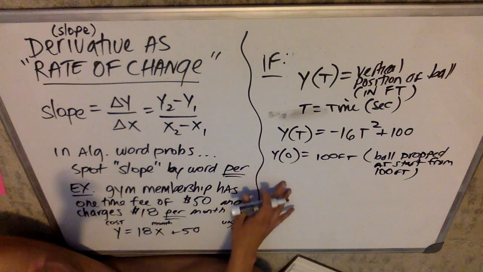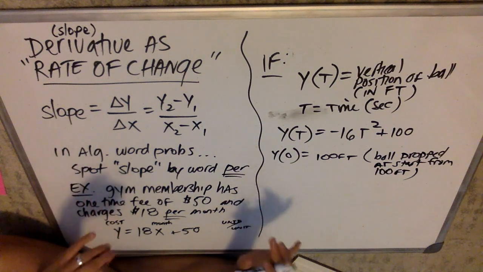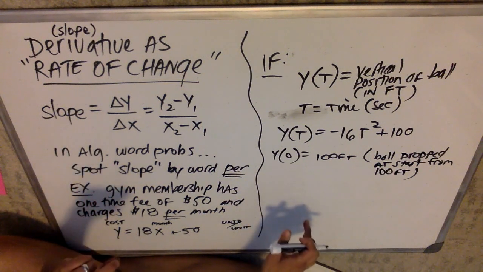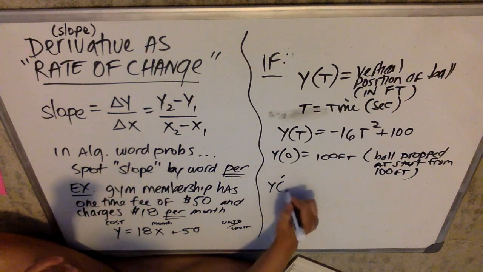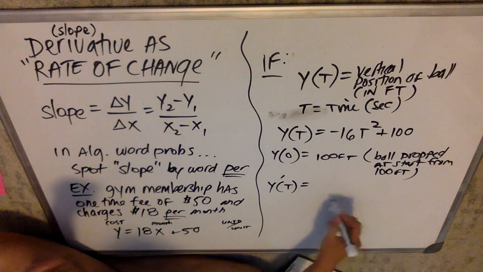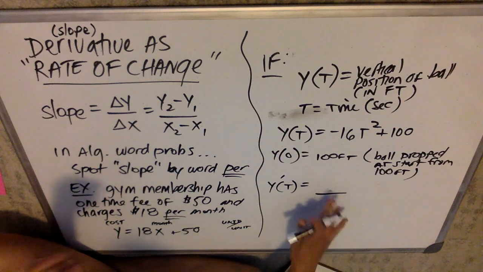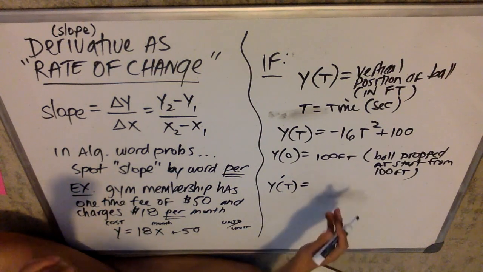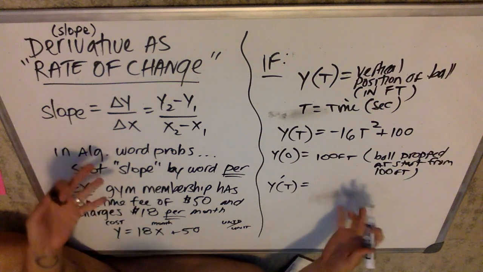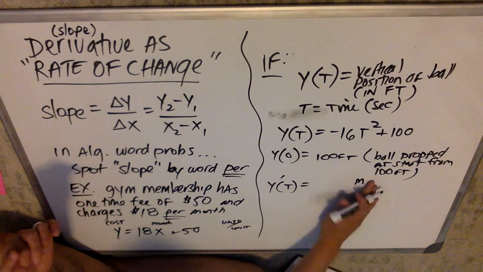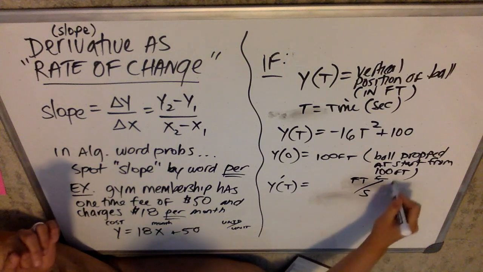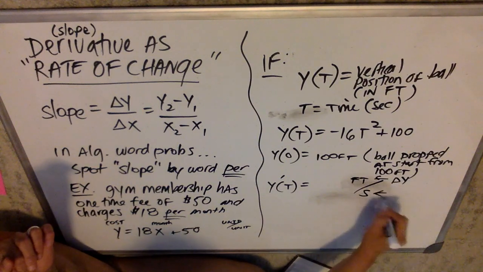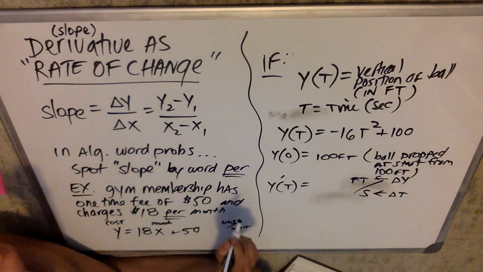But what's interesting about this is if y is measured in feet and t is measured in seconds, then y prime of t is essentially going to be the change in y, which would be feet, per second, because it would be the change in the position, which is y, over the change in the time, which is t.